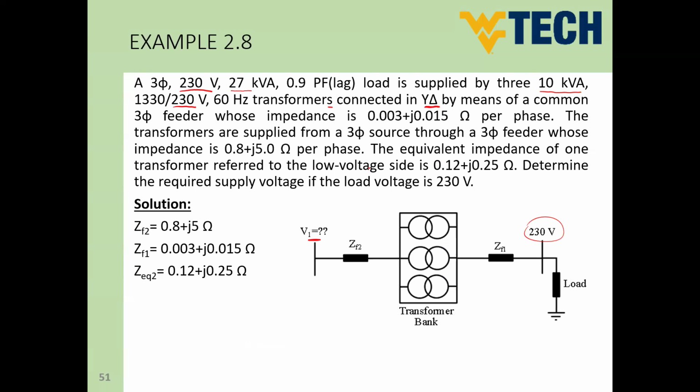Okay, guys, we don't know the supply volt. So in this example, you have the option to assume that the primary side is delta connection or Y connection, because it's not mentioned here.